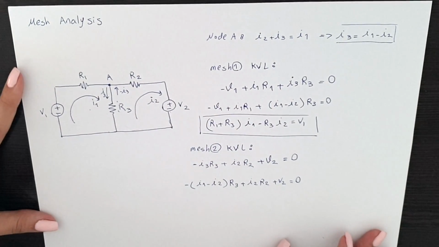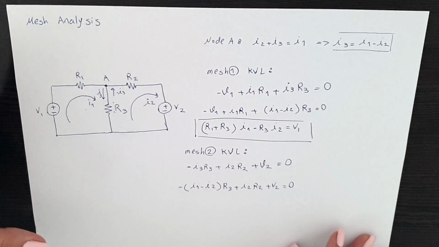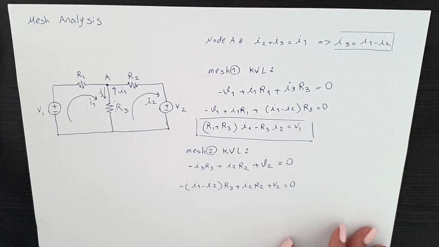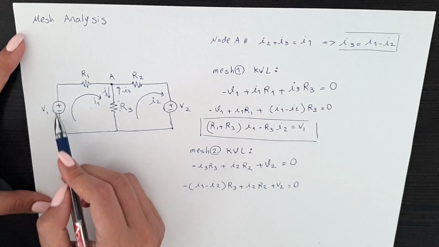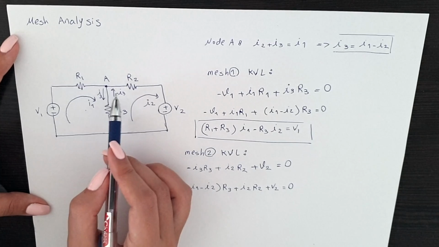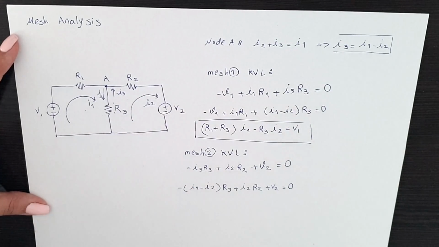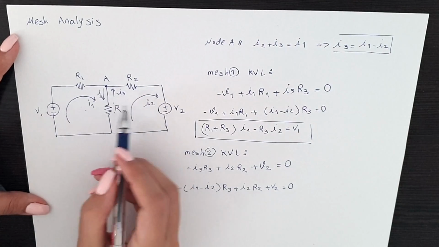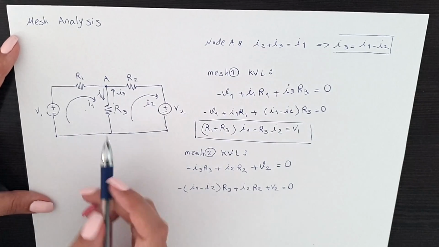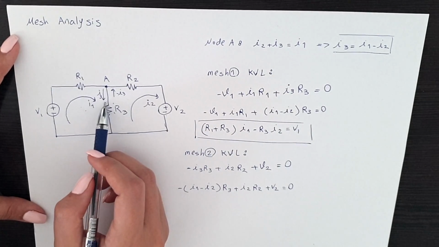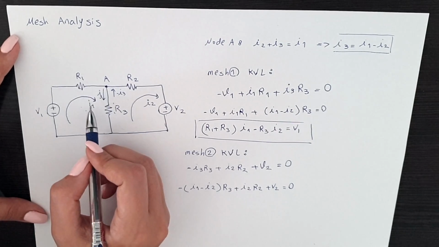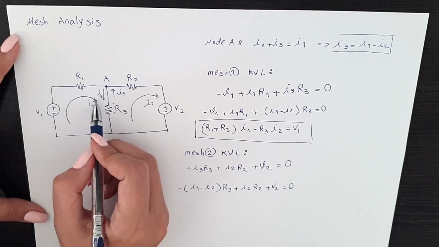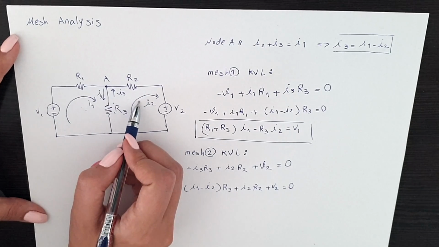So what we learn in here is that if we want to make it simpler and faster, especially in our exam, when we're going through one mesh and we get to a branch where there are two different currents going through it, the current in that branch is the current of our mesh minus the current of the other mesh.